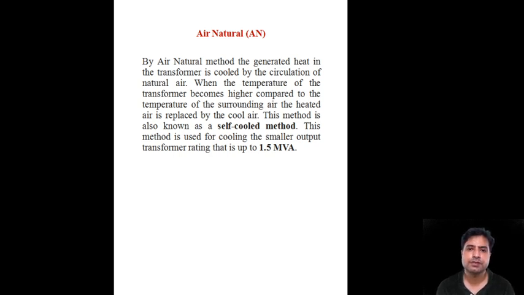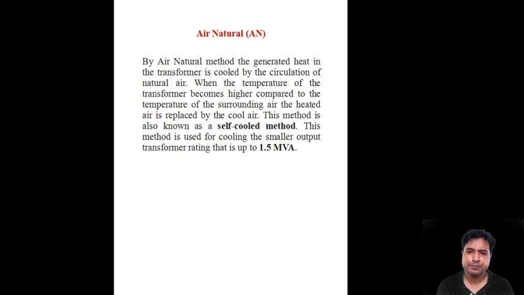To begin with, the first one is air natural cooling. As the name suggests, natural air is used, and the heat of the core and the winding of the transformer is transferred to natural air by convection.